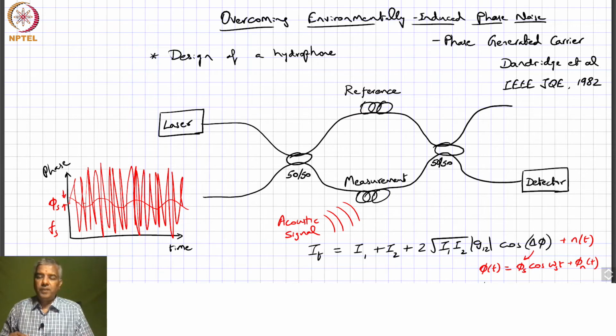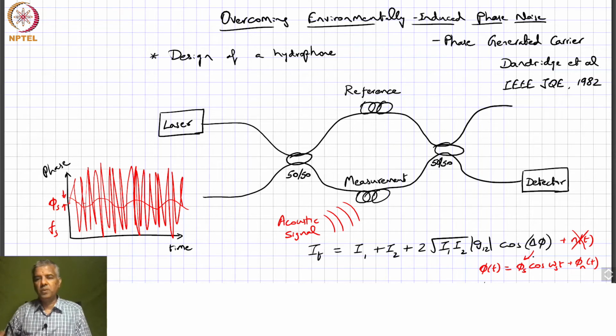However, the present situation is different, right. It is not this intensity noise that we are worried about as much, right. It is actually this phase noise that we are interested in, okay.